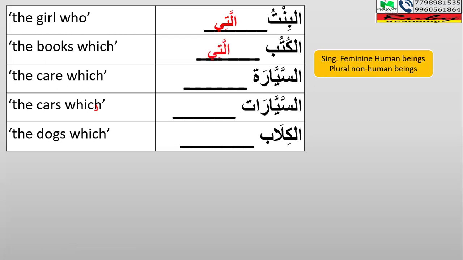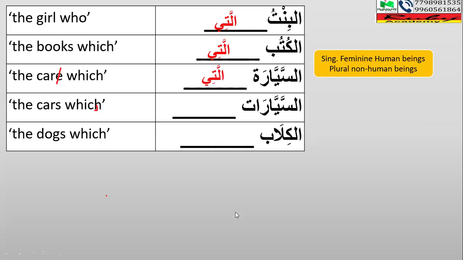The car which, that should be the cars which. So this is one car, allati. It's a typing mistake. Now I'm taking the cars which, again the same, allati.